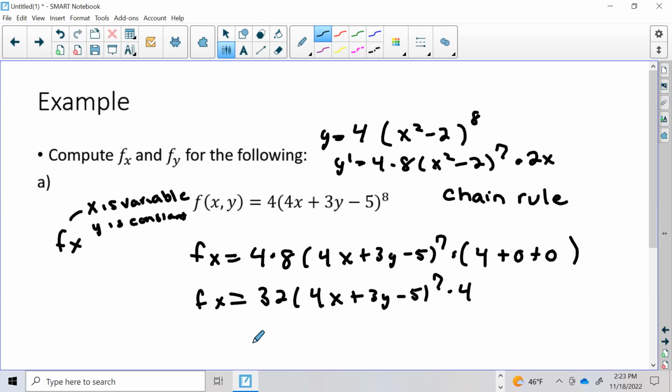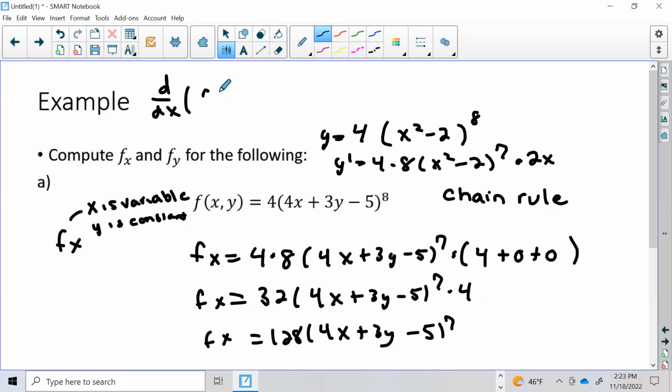And so we get 128, 4x plus 3y minus 5 to the 7th. And I just kind of as a reminder, the derivative for that chain rule is the derivative of the outside, keep the inside the same, and then we multiply by the derivative of the inside.